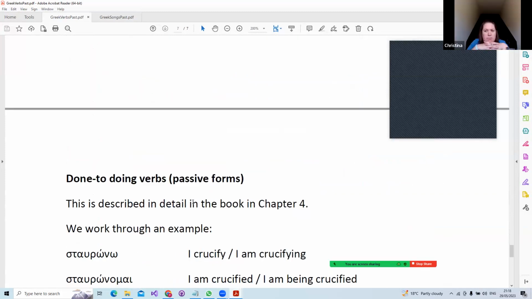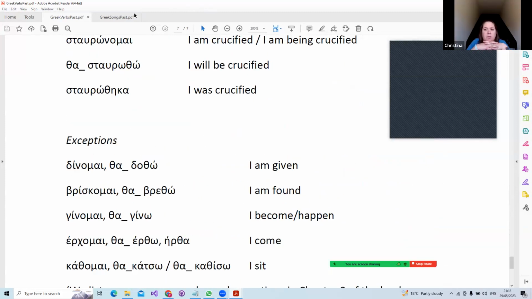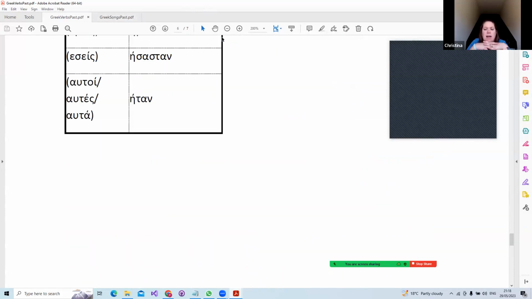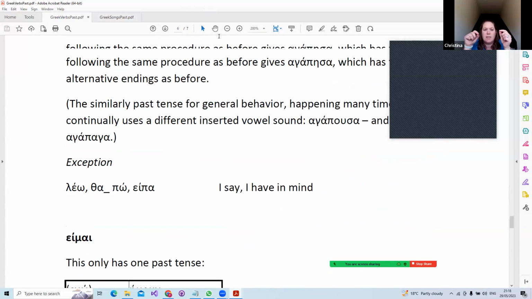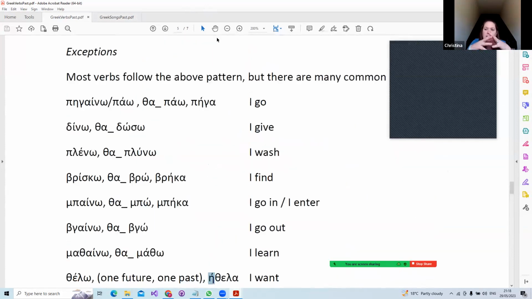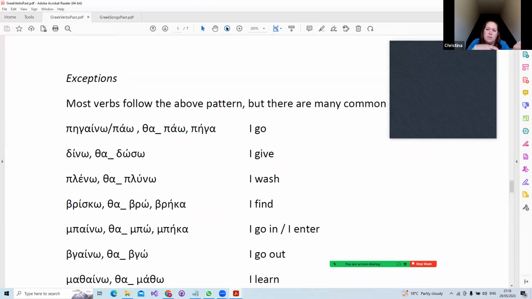Does vlepo only mean I see as in visually see, or can it also be used like in English, where we say I see when we understand something too? I would say katalaveno, I understand.